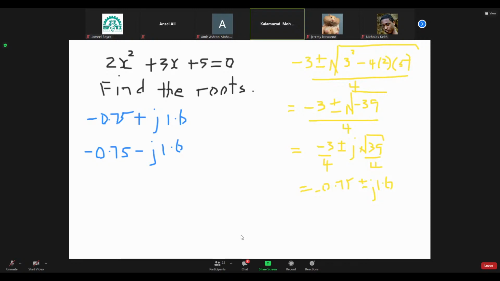Excellency, what did I do wrong? 3 squared minus 4, right, sir? When I work that out and do the square root, I get 31. Yeah, okay, that's correct. My calculation was wrong. This is supposed to be 31 here, not 39. 40 minus 9 is 31.